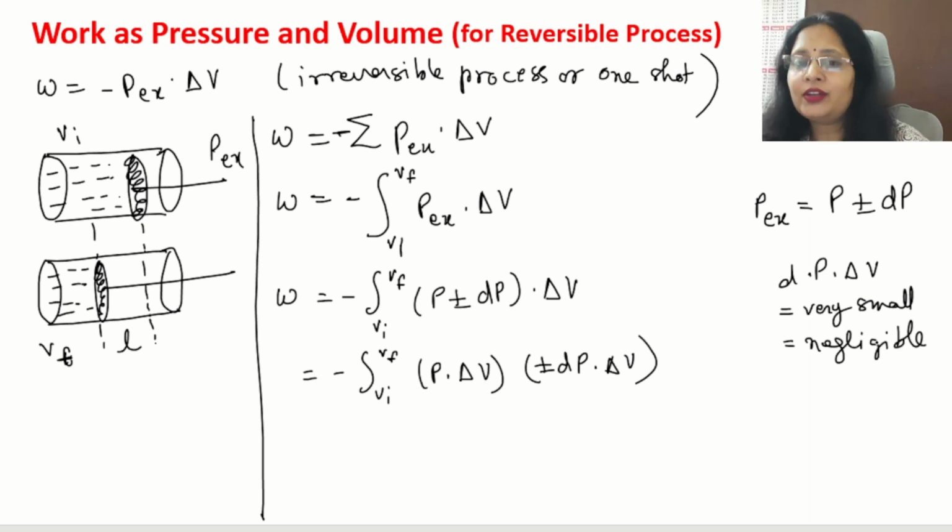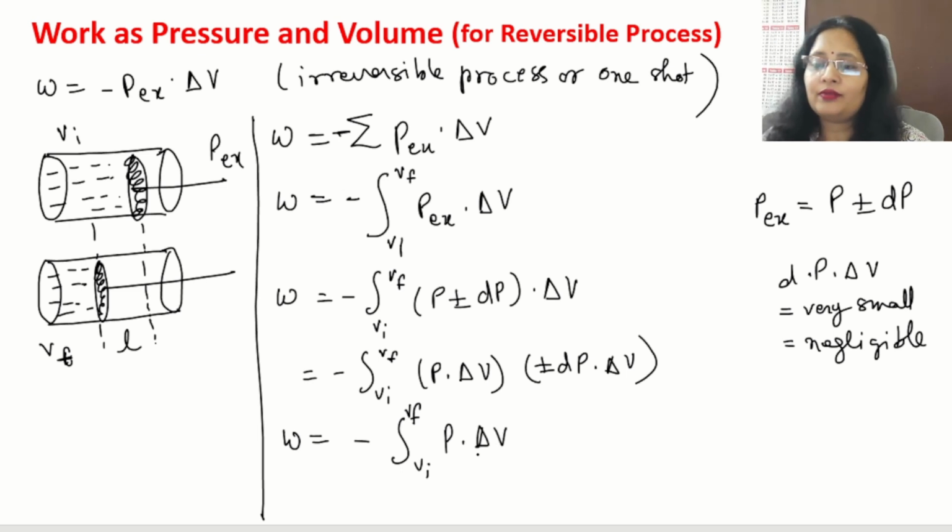So we will leave this value and we will come up with W is equal to minus integration from V initial to V final P delta V. We reach this expression.